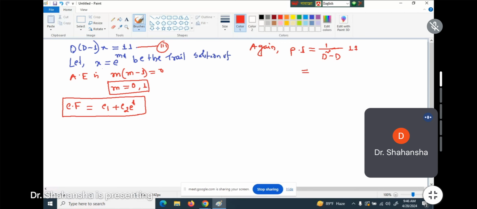Anyone can say, maybe this topic is very popular to you. When the right hand side is any polynomial function or constant function, what is the way of solving a higher order differential equation, please? Superposition method.